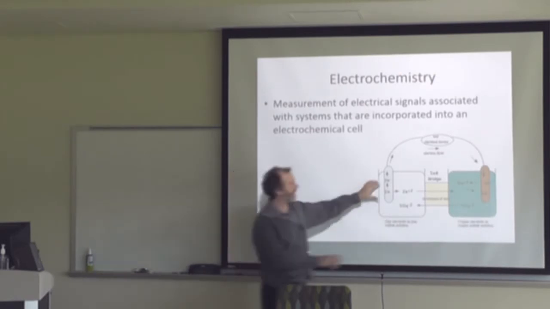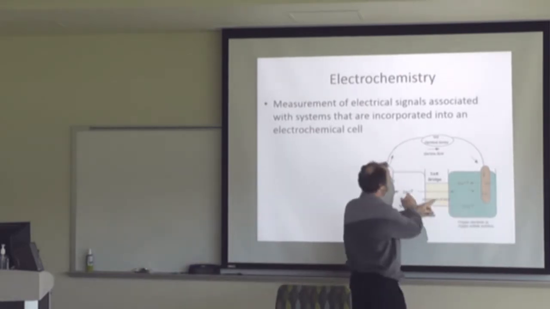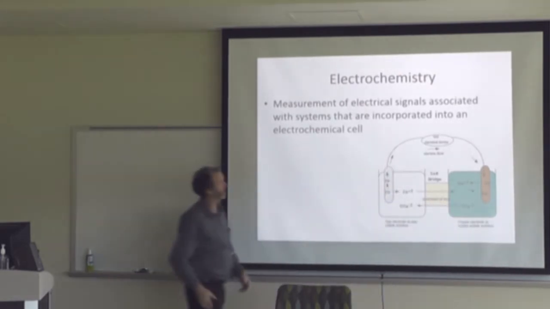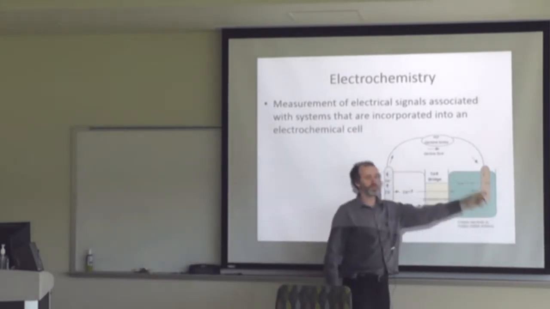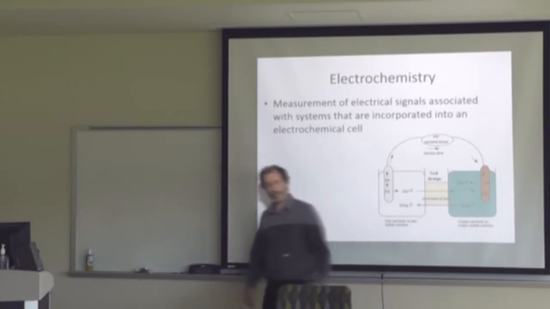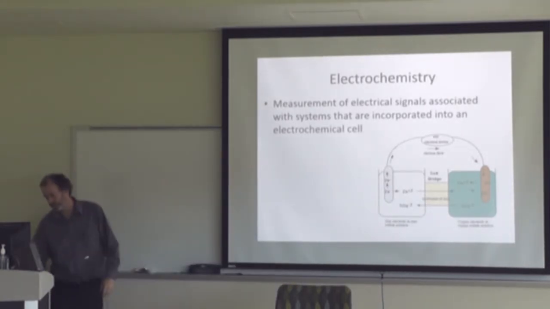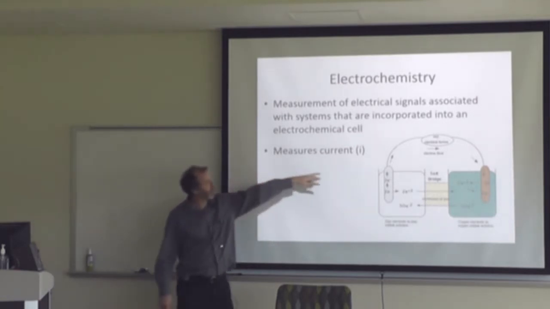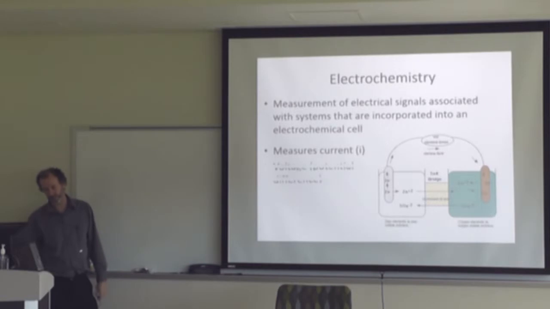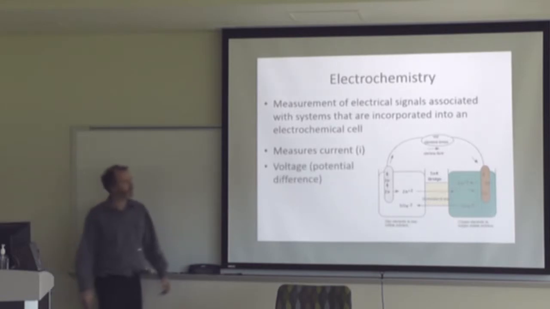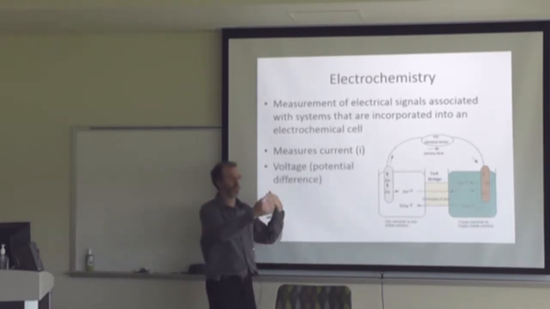And these are two half reactions that are put together, and we have a salt bridge that allows for the flow of ions either way. But what we're interested in is this electric potential between the two, or the electrical signal between the two. So in this case, we're measuring the current, I, or the current between the cells. And we can also measure the voltage, which is the potential difference between the cells.